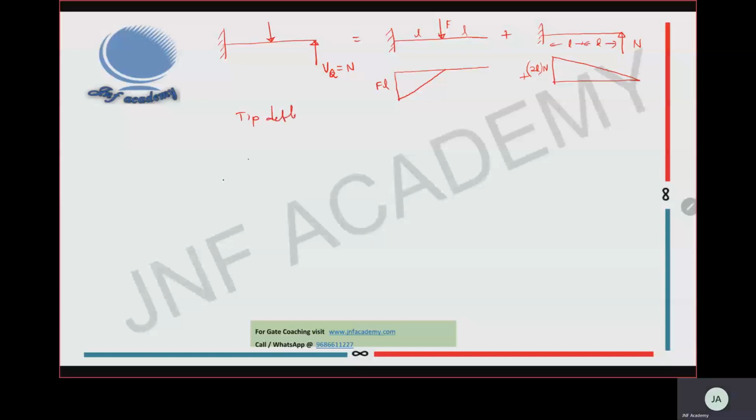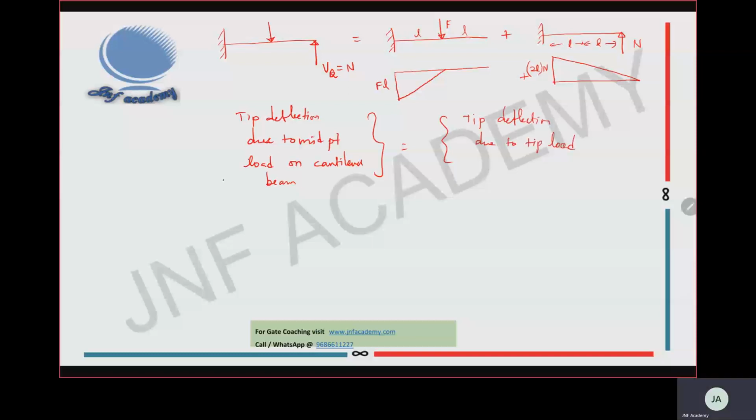Tip deflection due to midpoint load on the cantilever beam is equal to tip deflection due to tip load.